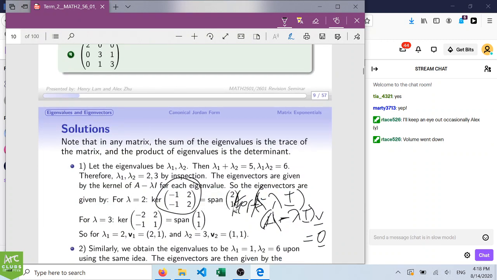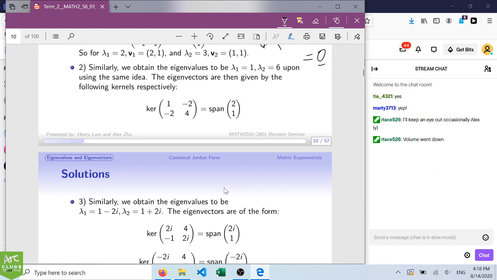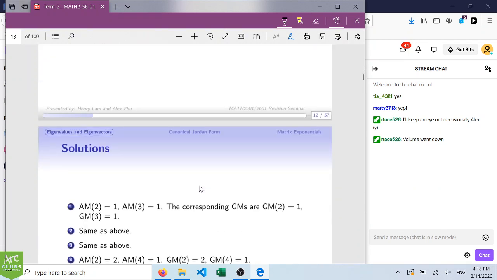And so the dimension here is 1 and 1. So for each of the eigenvalues, we're going to get 1 for geometric multiplicity.